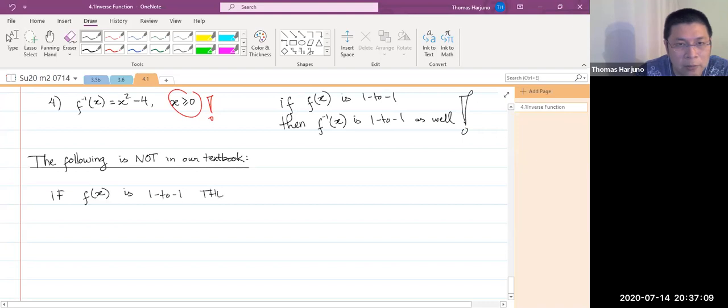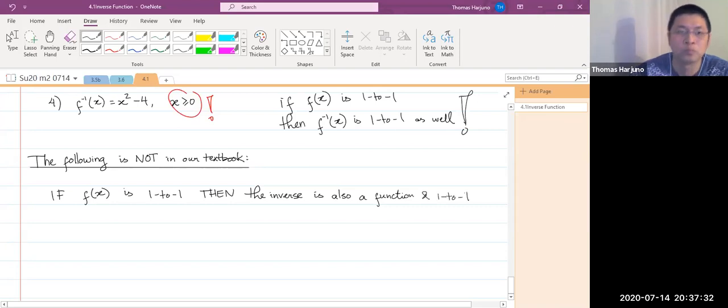then the inverse is also a function. Even further, it is a function and 1-to-1. And because of that, the inverse function has the right of bearing the functional notation.